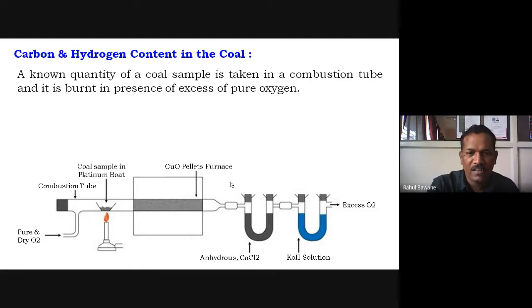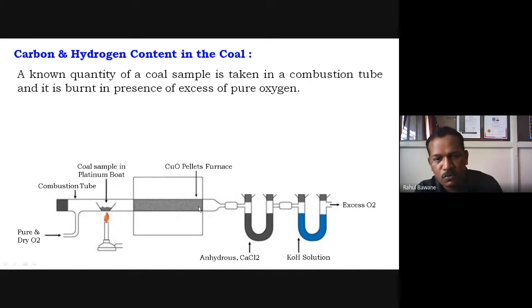So at the exit of this furnace, we obtain complete combustion, that is, complete chemical reaction in the form of CO2. So to avoid traces of CO or partial combustion, we provide one furnace where copper oxide pellets are there, which promote the chemical reactions, and it helps form a complete reaction, complete combustion.